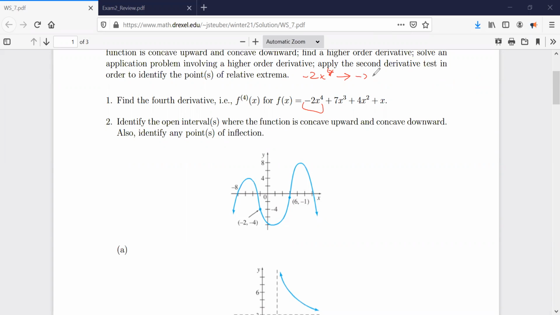We get negative 2 times 4 times x cubed, then negative 2 times 4 times 3 times x squared, and then negative 2 times 4 times 3 times 2 times x. I guess there's an invisible 1 there if you prefer. And that is equal to negative 48x.